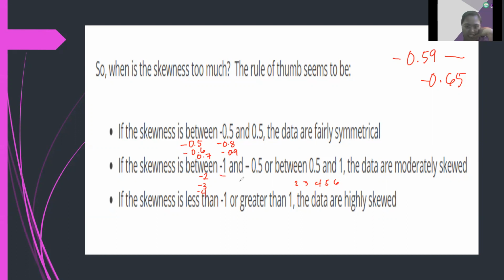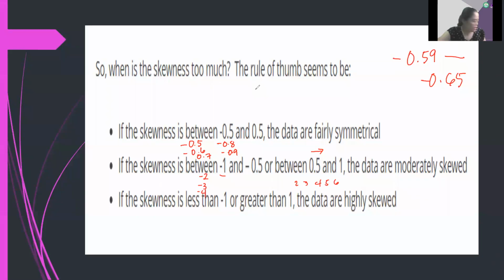Okay? So, ito, 0.5 to 1, gawin mo lang itong positive. Now, if the skewness is between -0.5 and 0.5 mismo, the data are fairly symmetrical.